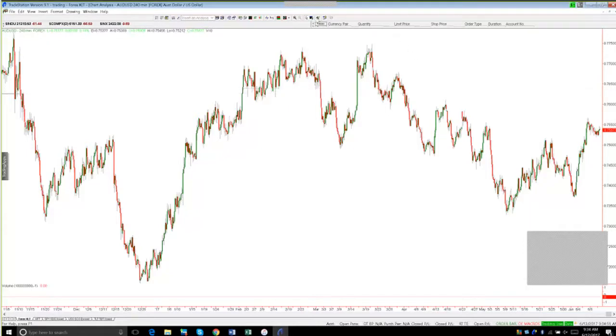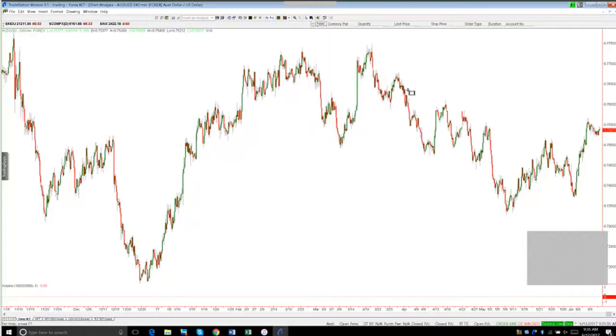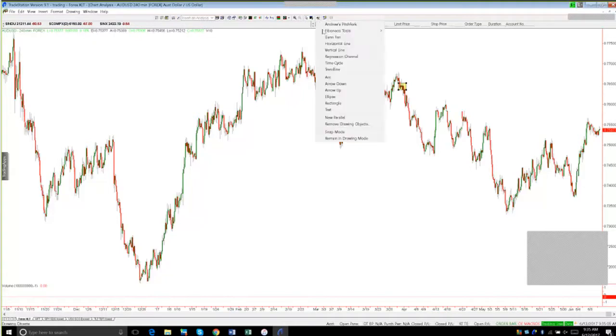So there's 3 levels here sitting on top of each other that meet the criteria that we're looking for. So let's pick these top 2.